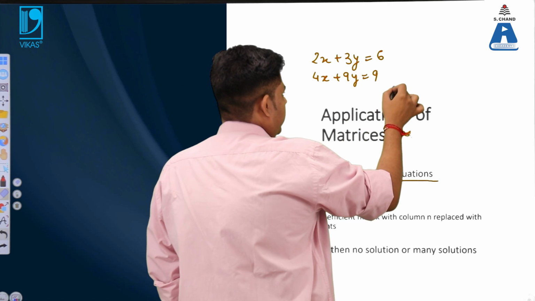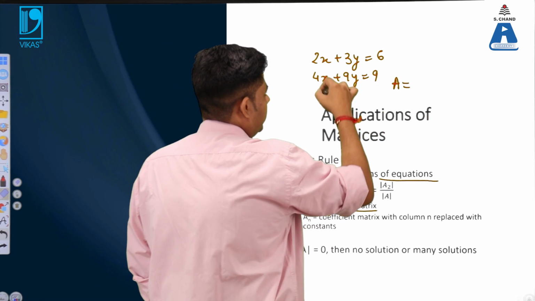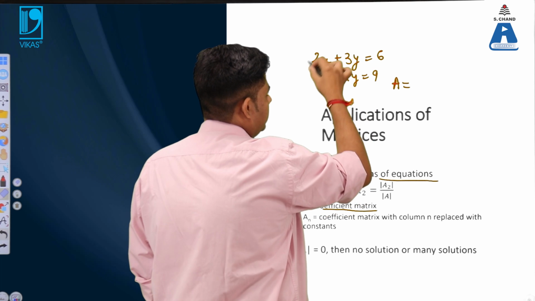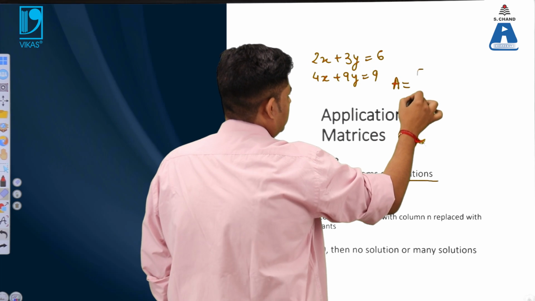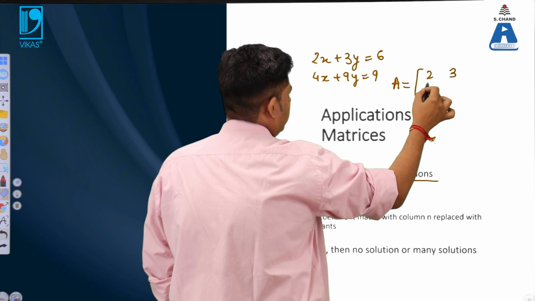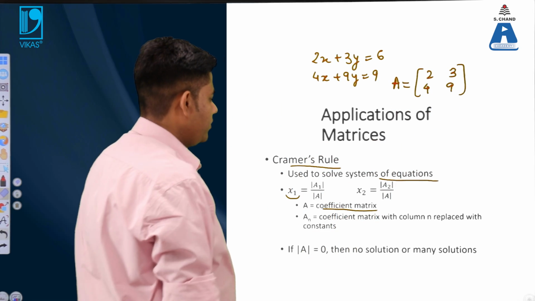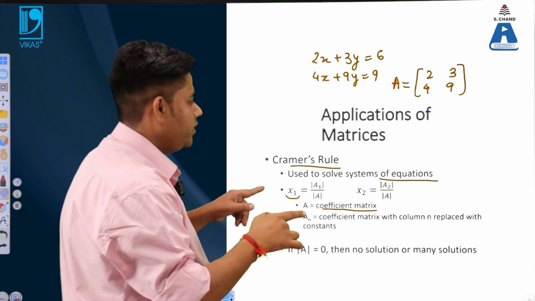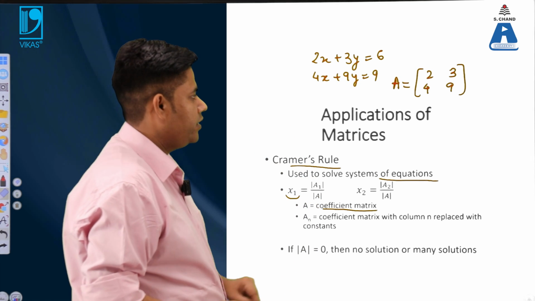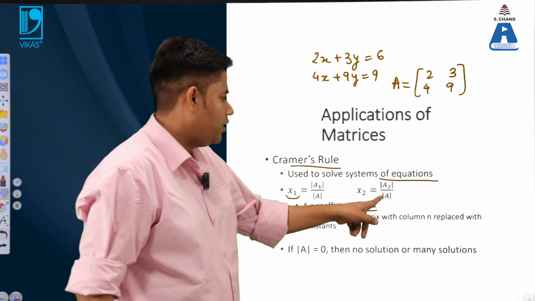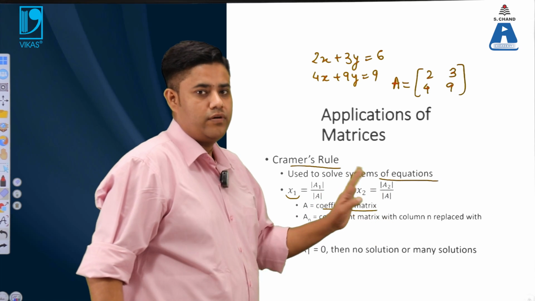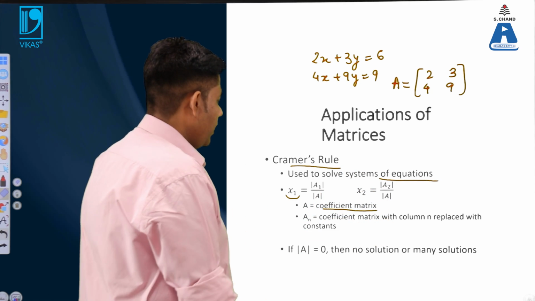So A here indicates the coefficient matrix. Coefficient matrix means these elements. So you will write here 2, 3, 4 and 9. So this matrix is a coefficient matrix, and when you find the determinant of that matrix, you can write it here like this. So this is common for x1 and x2, or common for x and y.